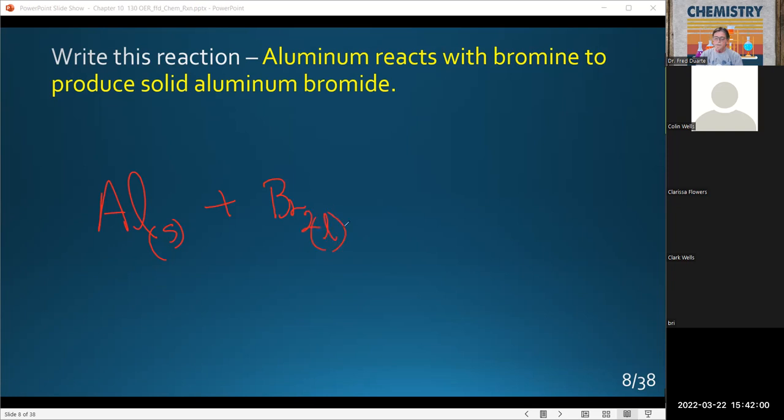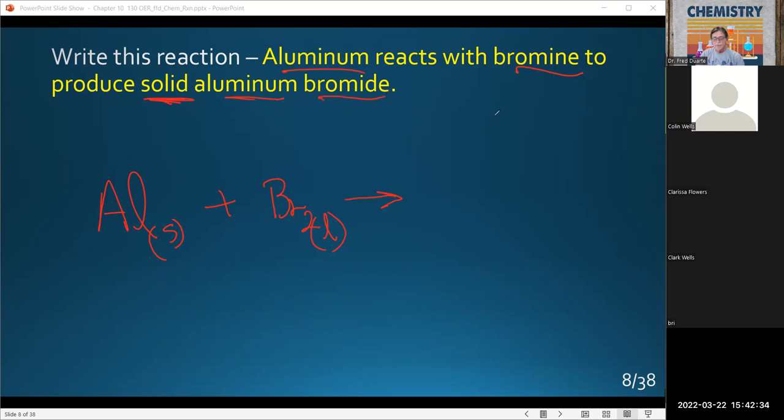Plus, that's also a liquid, one of two liquids. Anybody know what the other liquid is as far as the elements are concerned? The metal mercury. Okay, so we have bromine and aluminum reacting to produce solid aluminum bromide.